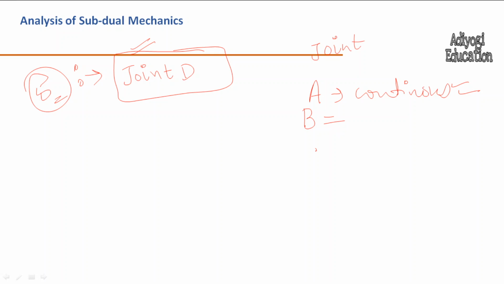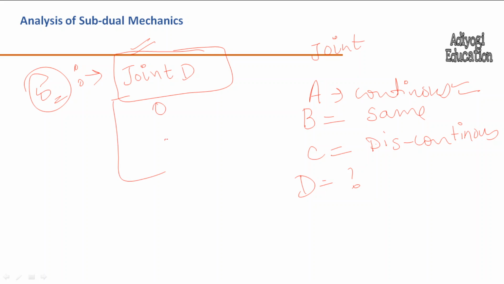When it is B or C, this is discontinuous. It means it doesn't follow any pattern, and this is same. So what is joint D? When we get 0, 0, 0, this comes under the category of joint D.